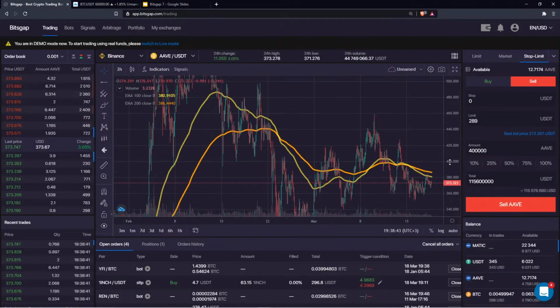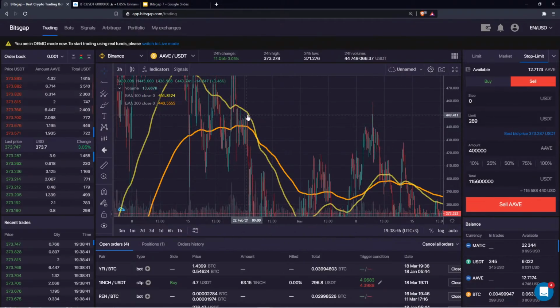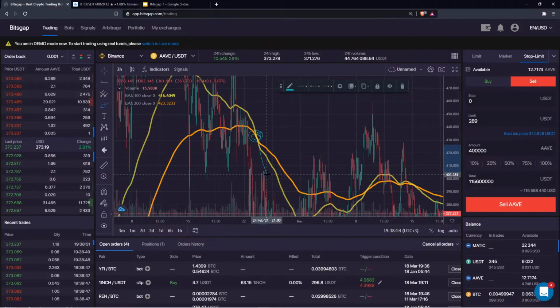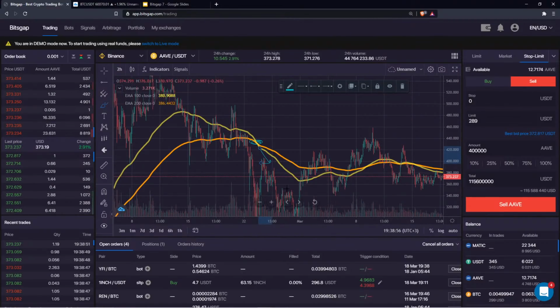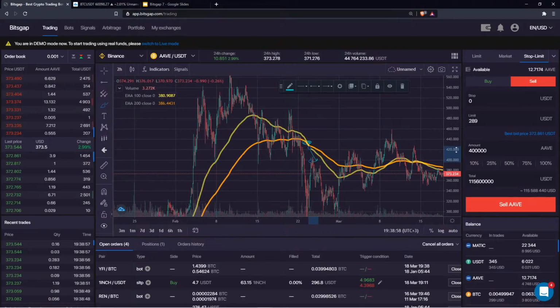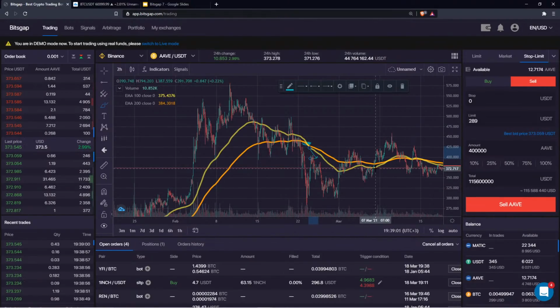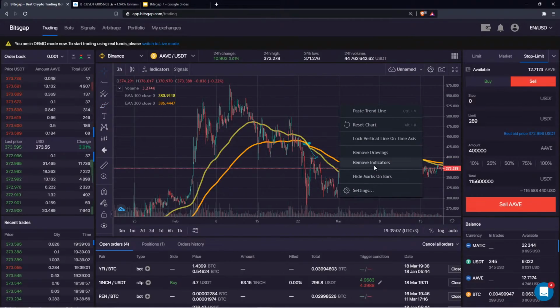Basically, when the short-term moving average breaches the longer-term moving average from above, this is the signal that the market is going to go lower. That's exactly what happened over here, and then later it breached from below, and now we see the market is in the consolidation phase. So that's how you can use it as well.